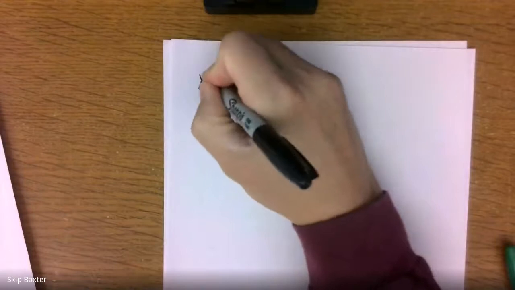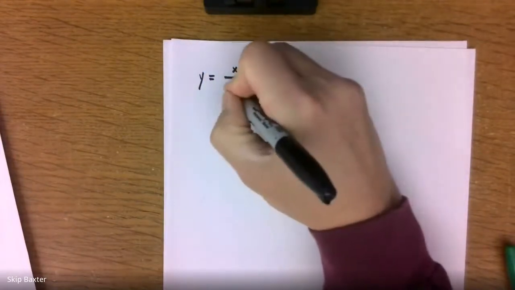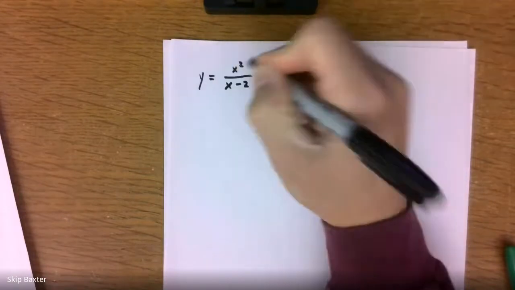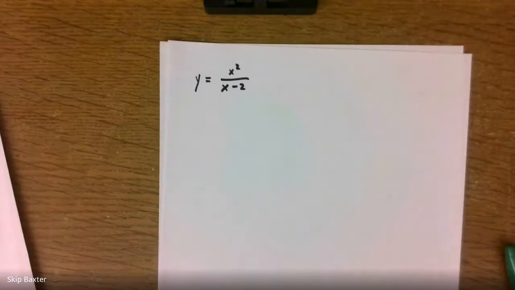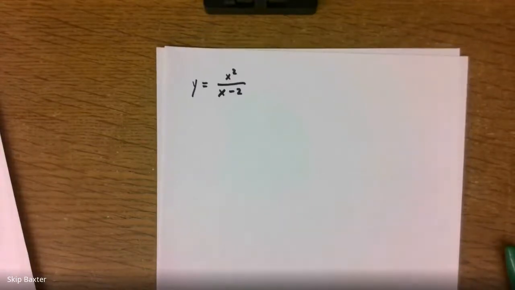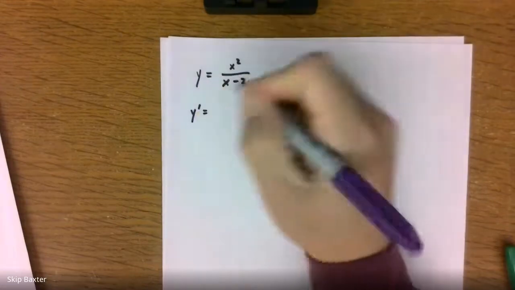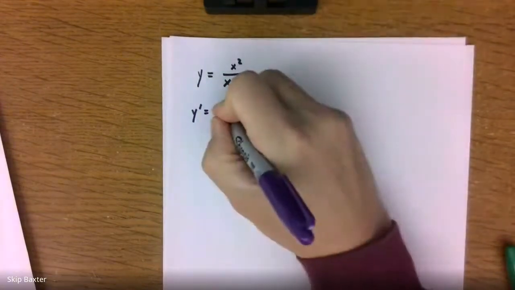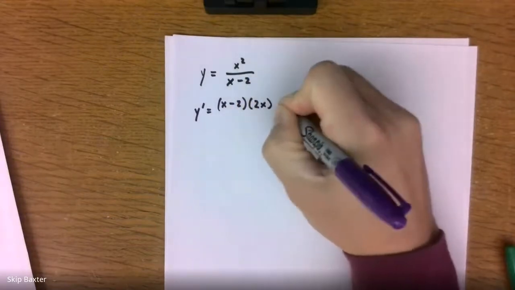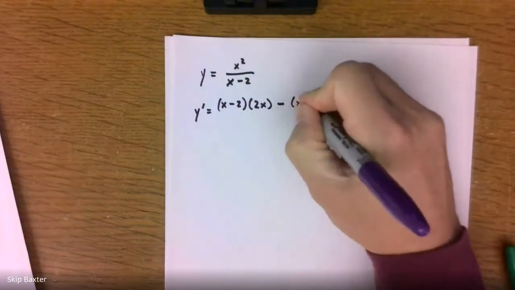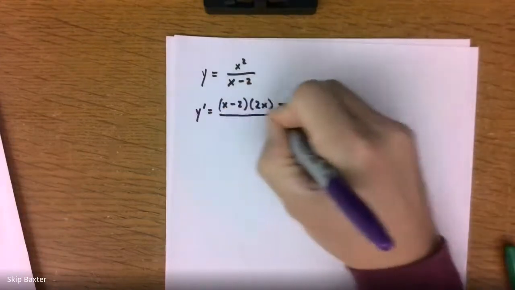How about if I have y equals x squared over x minus 2? Okay, so same thing. I'm going to do all the same analysis. I have y prime. It's a quotient, so it's going to be the bottom times the derivative of the top minus the top times the derivative of the bottom over the bottom squared.